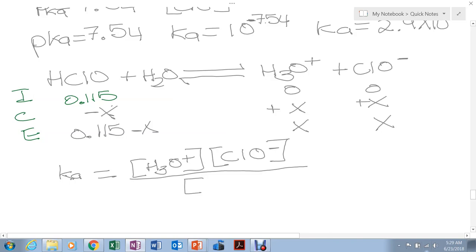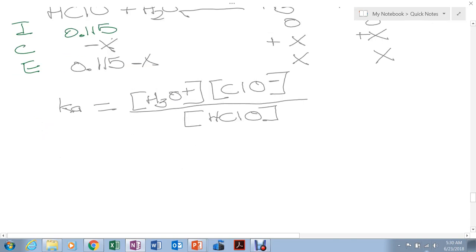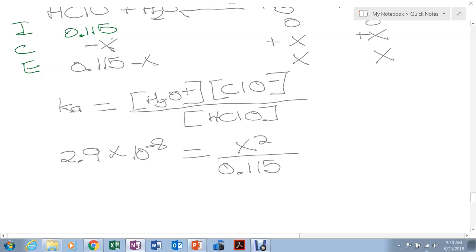So Ka, we found the Ka was 2.9 times 10 to the negative 8 equals x squared divided by 0.115 minus x.